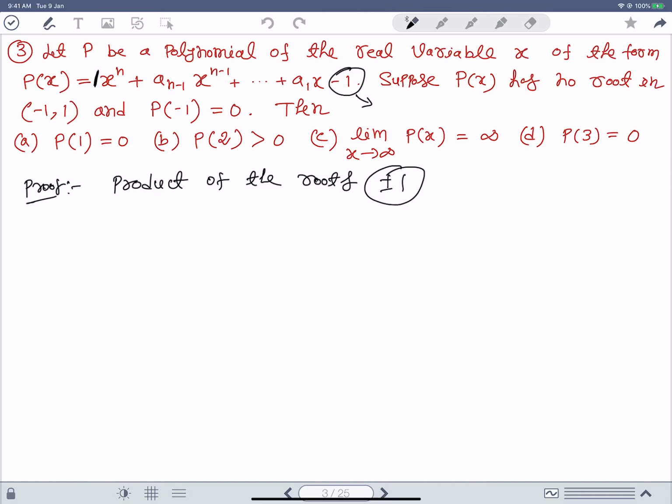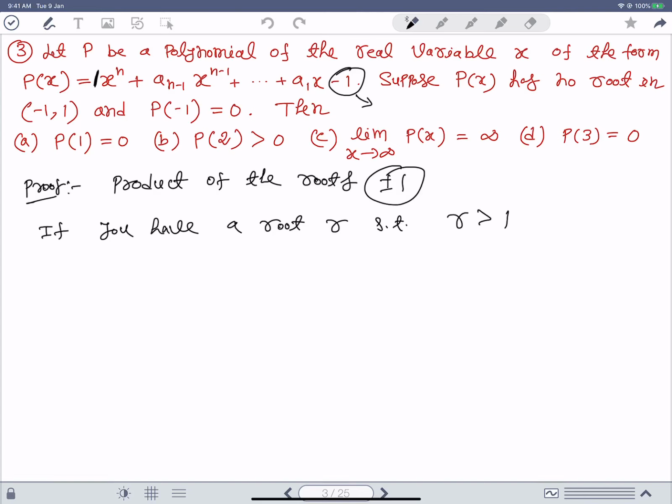Now, suppose you have a root, say r, such that r is bigger than 1. From this, can you say that you should have at least one root such that r is less than 1?